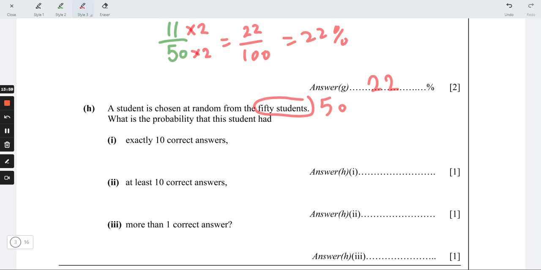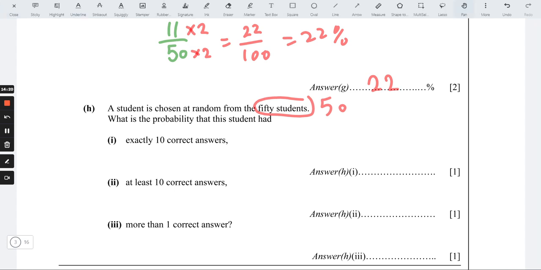You should get back again to the table that is already given, and you will see that for exactly 10 correct answers, we have 6 students here.